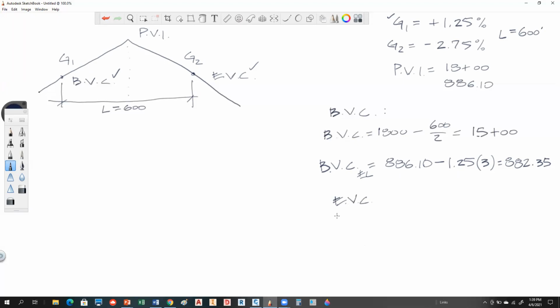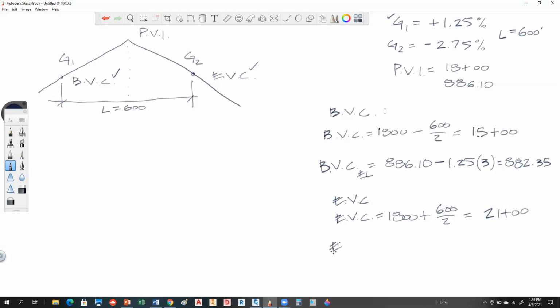So EVC, we're going to do in a similar way. So the station of the EVC is going to be equal to the PVI station plus L/2. So 300 feet plus 1,800 gets us 21+00. Okay.